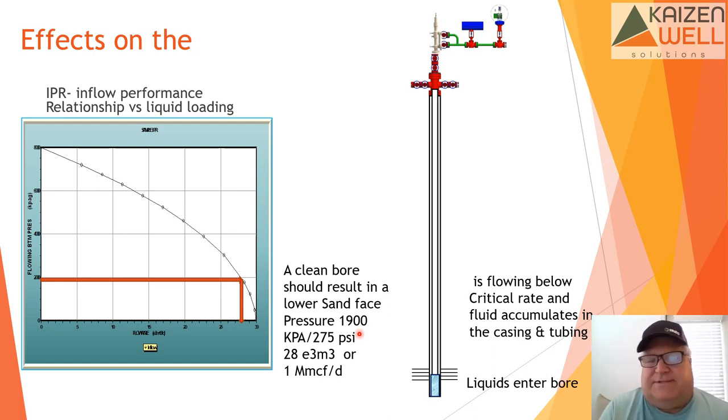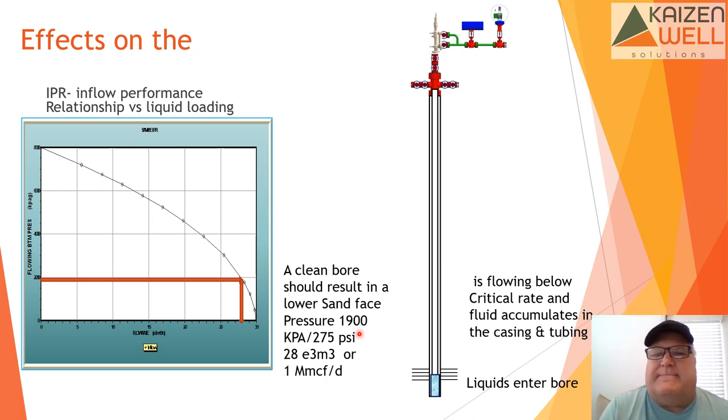First of all, is it liquid loading, or could it be a buildup of paraffin or a hydrate? It could be lots of different things in your well. If you can take a look at it and say, geez, I'm flowing 2 million a day in this well at 150 psi in 2 3/8 tubing, well, the chances of liquid loading being the problem are probably pretty low.